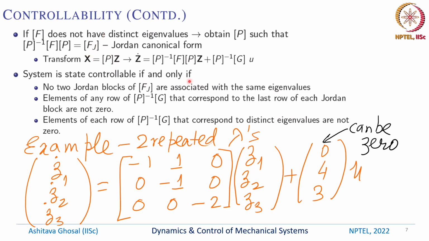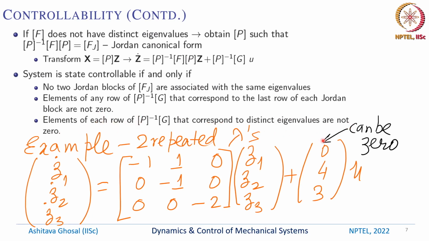Now instead of this being a diagonal matrix, we have a Jordan canonical form, and we can say that this system is state controllable if and only if no two Jordan blocks of Fj are associated with the same eigenvalues, the elements of any row of P inverse G that corresponds to the last row of each Jordan block are not zero, and elements of each row of P inverse G that corresponds to distinct eigenvalues are not zero.